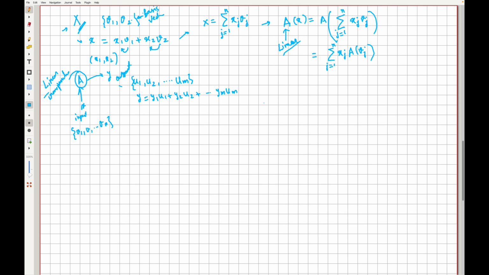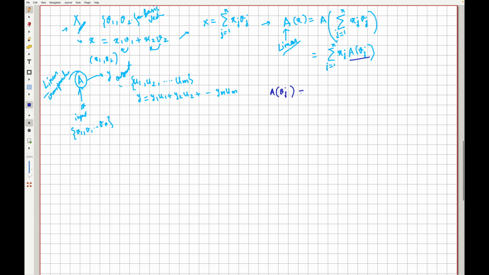And this is very important, because now we know what happens to each basis vector vj. If we know that, then we know what happens to every vector x when the transformation happens. Now to build a matrix, we can describe each of the A vj that we have here using the basis of the output space, the ui's.